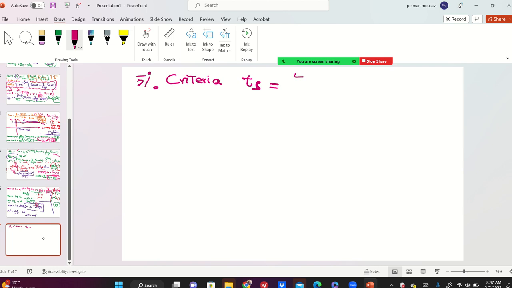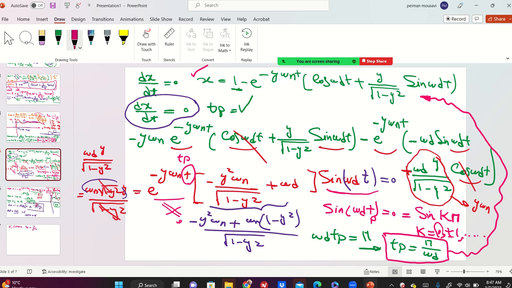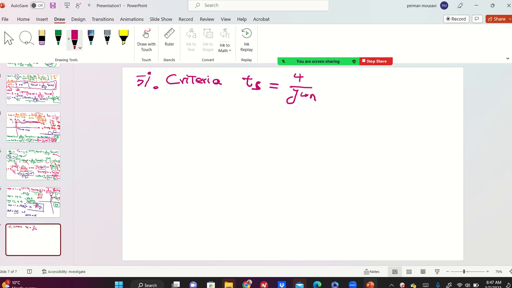It's going to be 4 over zeta omega n, and if I'm not wrong, this is 2%, not 5%. This is 2%, guys. 2% criteria. Okay, and for the 3% criteria, settling time is 3 over zeta omega n.